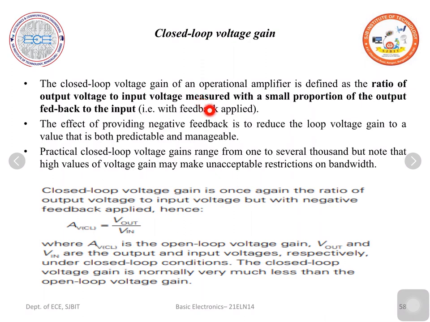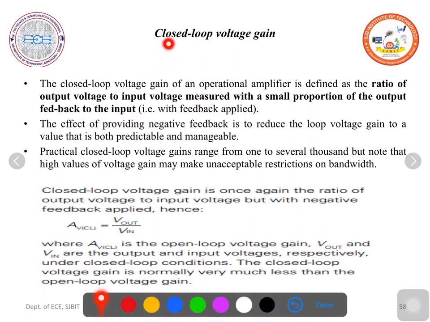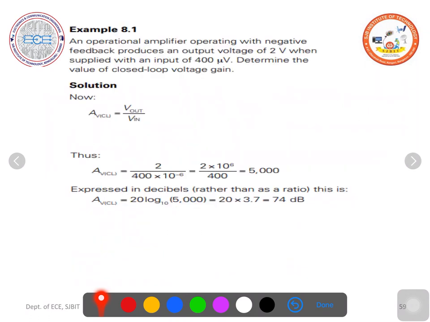The closed loop voltage gain is normally very much less than the open loop voltage gain. So the open loop voltage gain is very much larger than the closed loop voltage gain. To decrease the open loop voltage gain, we apply the feedback, so it becomes a closed loop, and the gain decreases. Here also you can express the gain in decibels by taking 20 log V out by V in.